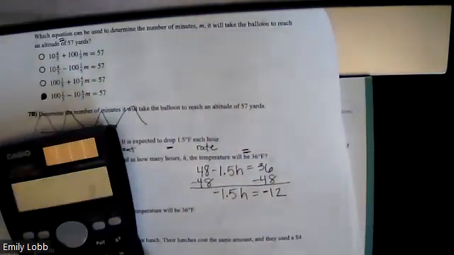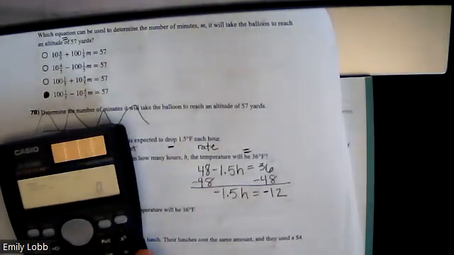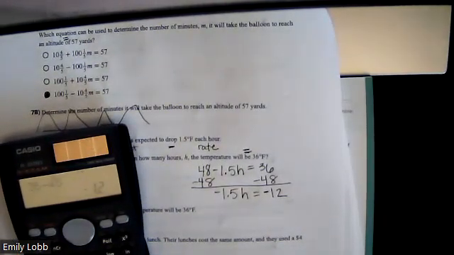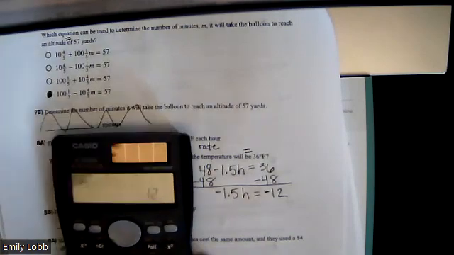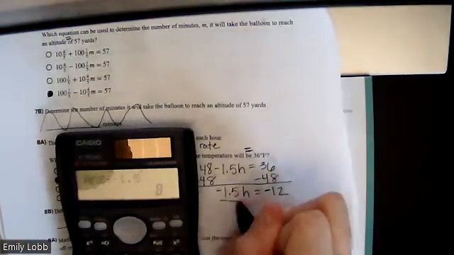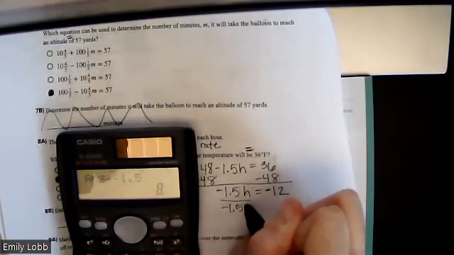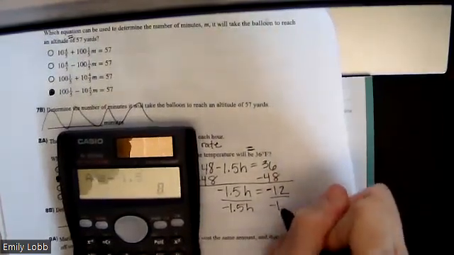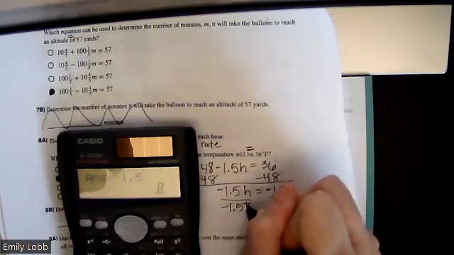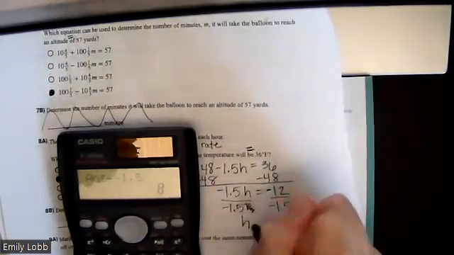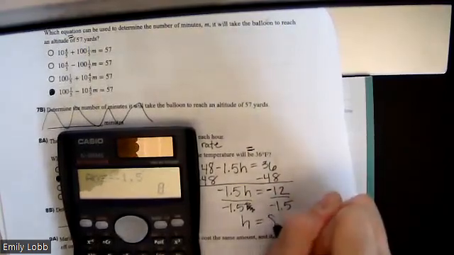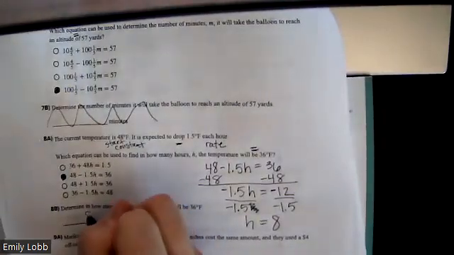You can literally put in 36 minus 48. And then we're dividing by negative 1.5. So I would show that in my work. Remember, you need to show both steps. It's a 2-step equation. Oh, I don't know why I put H here. Sorry. So we end up with H is equal to 8. How many hours? 8 hours.